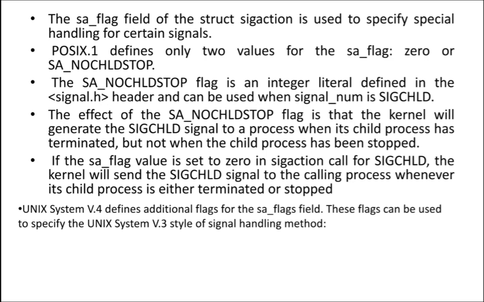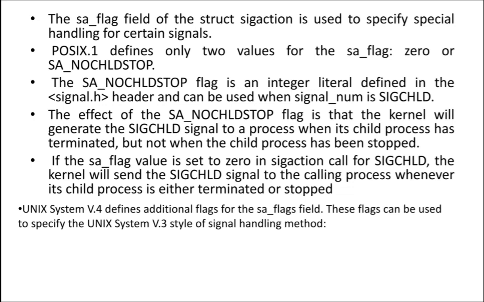So what is the meaning of this? The SA_NOCLDSTOP flag is an integer literal defined in the signal.h header and can be used when the signal number is SIGCHLD. Why do I use the SIGCHLD signal? To notify the parent that the child is terminating.